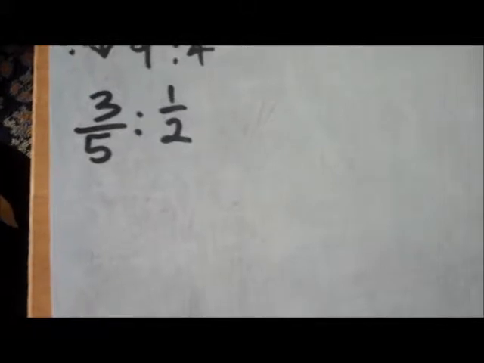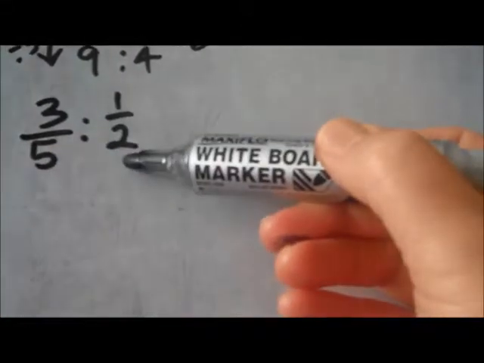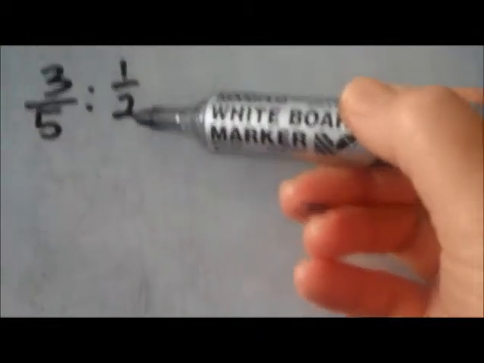The next example has got fractions. So now I've got 3/5 to 1/2. And the only way I can compare fractions is if they've both got the same equal sized pieces. Fifths are not the same as halves.